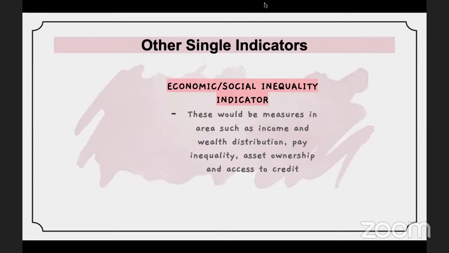Okay, last one, access to credit. When you have access to credit, you can purchase items, you can have goods and services, and pay for them on credit. This is like credit cards and so on, and usually these are the youngsters.